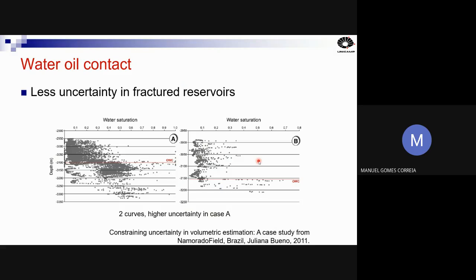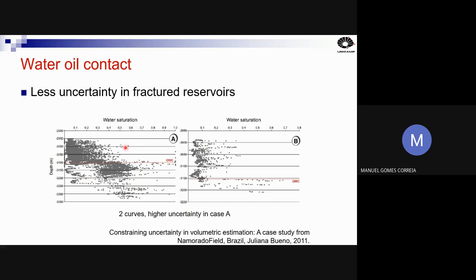Water oil contact is another kind of uncertainty that we have. Here you can see an example on the left side, an image of water saturation according to the depth of the reservoir.